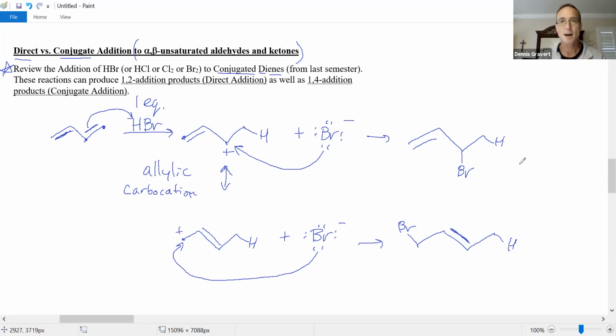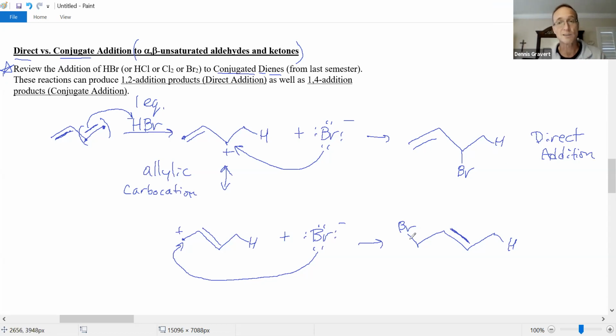There are names for this. This one is called direct addition because it acts as though it's not conjugated. It's like, here's my alkene, just ignore the fact there's another one, and remember the old chemistry of alkenes. Hydrogen goes to the end of the chain with more H's, bromine goes to the other one, and just directly attacks, we're done.